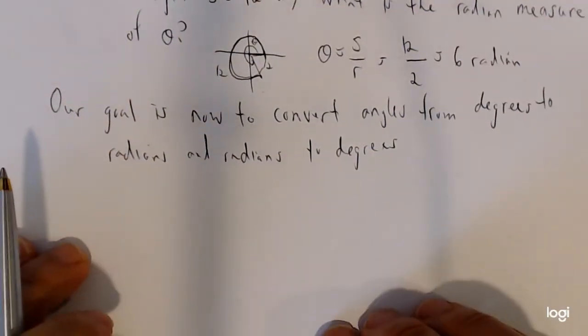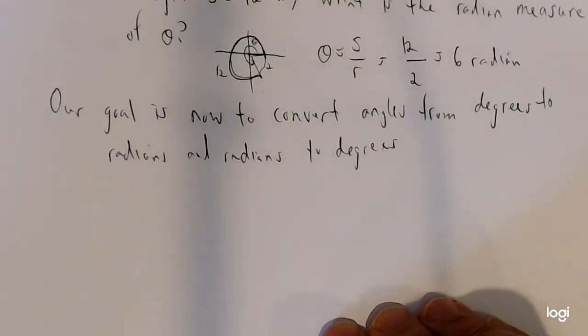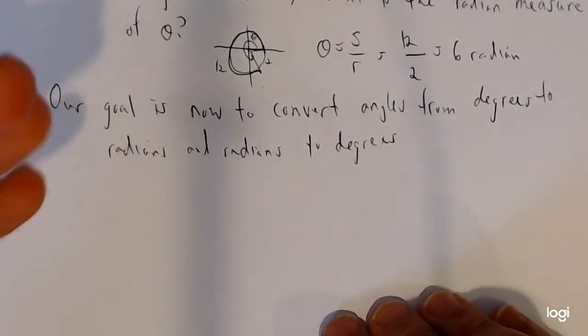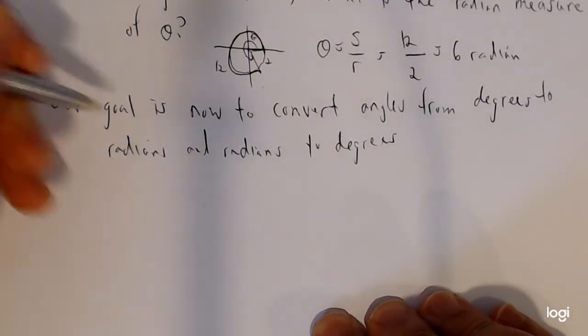To do this, we're going to need our conversion factor, for example, how many radians there are in a degree, or vice versa. I'll give that to you.